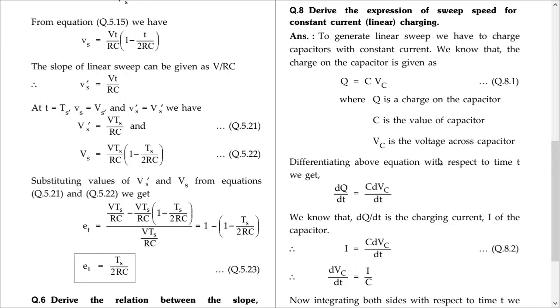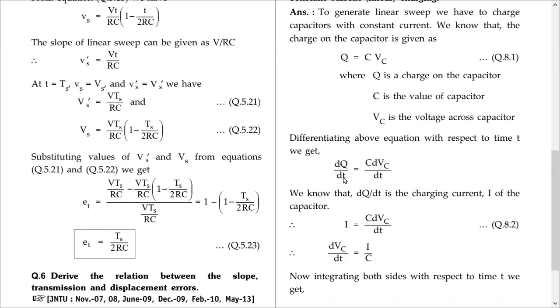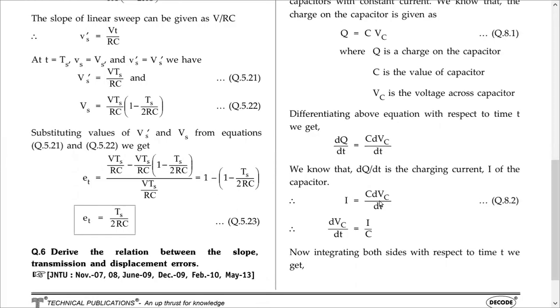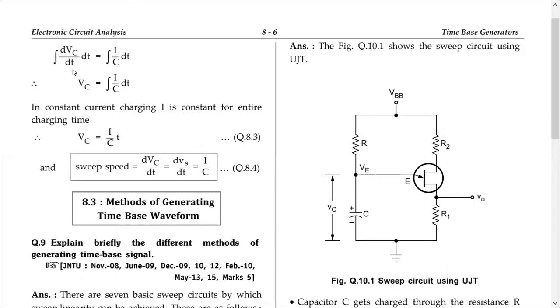Differentiating on both sides, dq by dt is nothing but current. So dVc by dt is nothing but I by C. Integrating on both sides, we get Vc as integral of I by C dt.